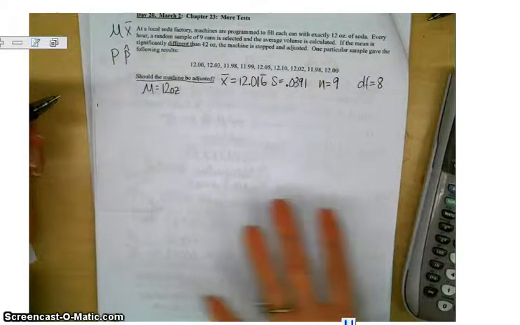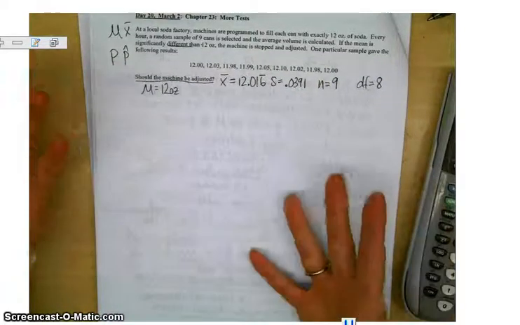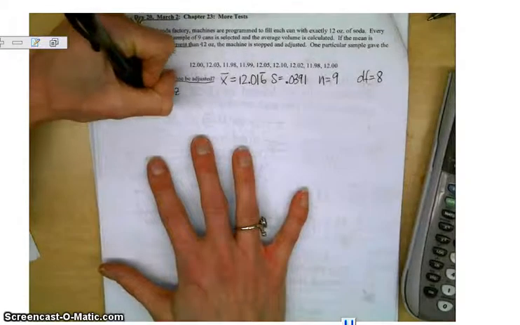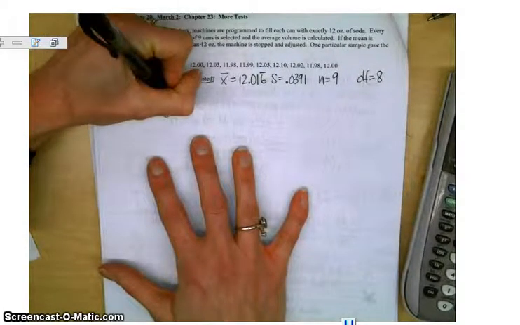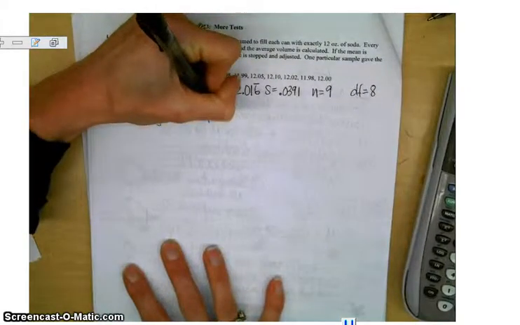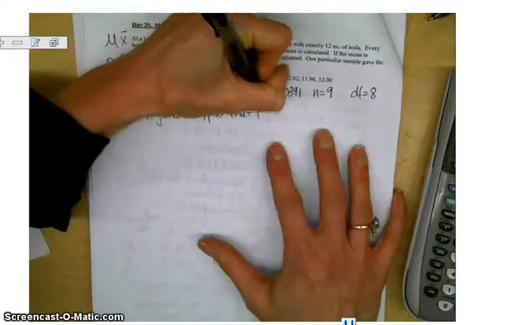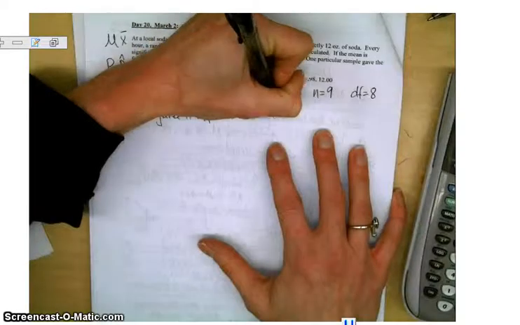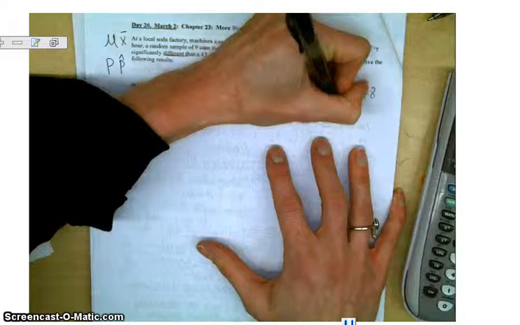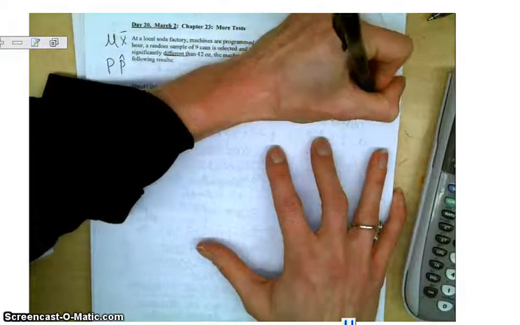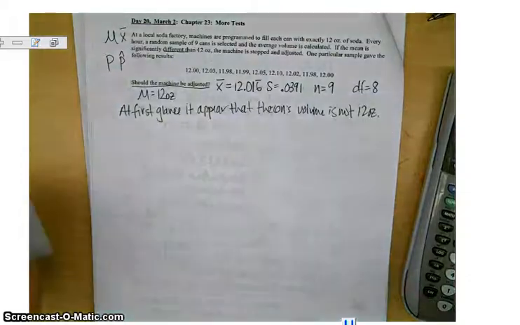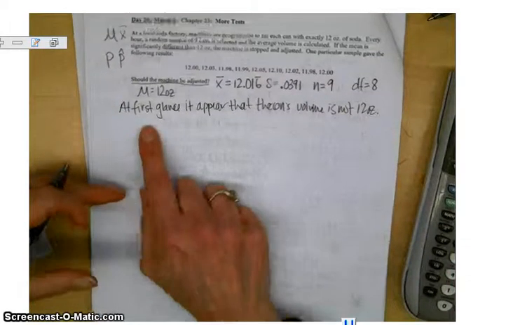So you can do step 1 or step 2 first. At first glance, what does it appear? At first glance, it appears that the can's volume is not 12 ounces. We don't need to say greater than or less than because it's not asking us for that scenario. It's just saying different from.